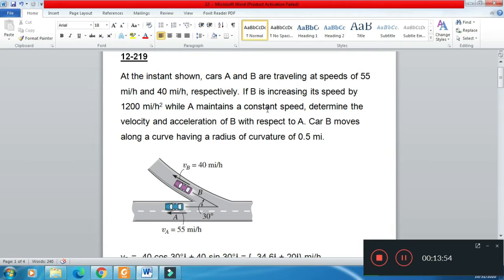Now we have to find the velocity and acceleration of B with respect to A, and car B is moving along a curve which has a radius of curvature of 0.5 miles. The absolute direction of B is towards the left, that is towards southwest, and it is moving along a curved path with a velocity of 40 miles per hour.